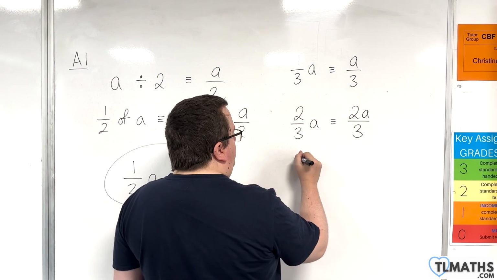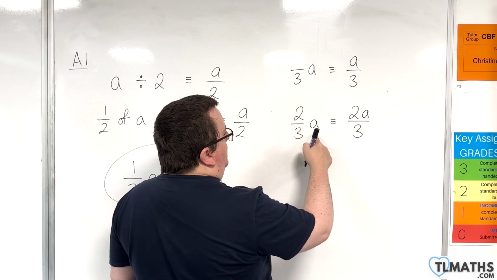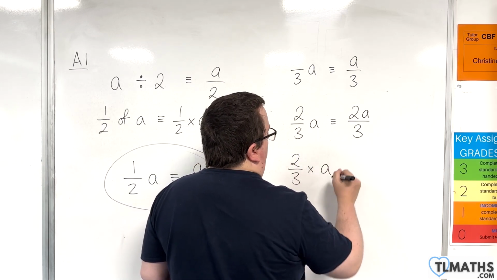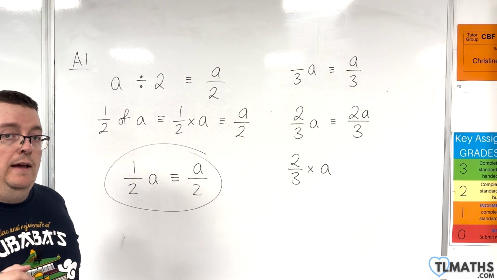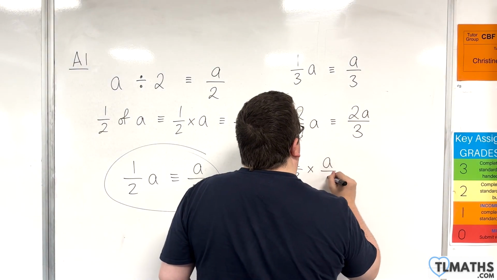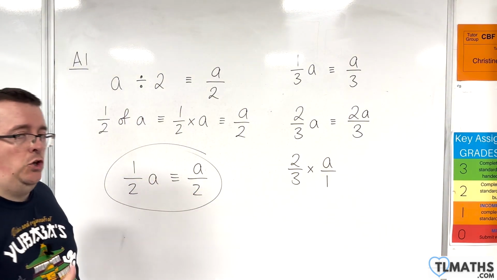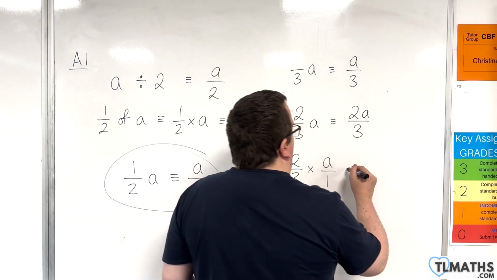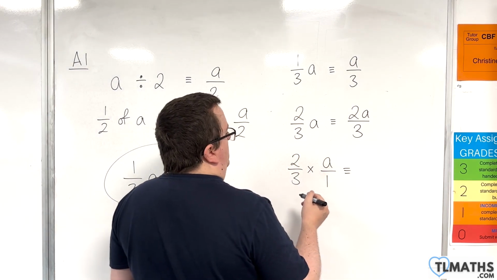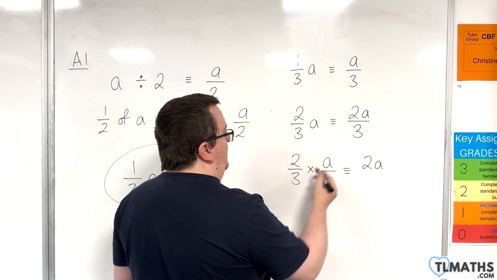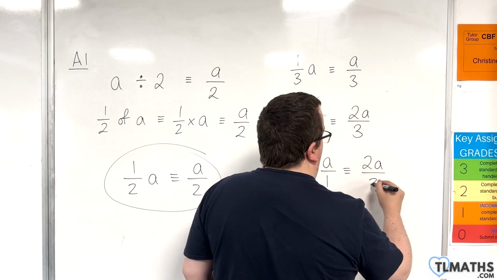Well, remember, 2/3 A is the same thing as this. And A is the same as A over 1, in exactly the same way as I had 2 over 1 is the same as 2 a moment ago. Now, when you multiply fractions together, that's 2A, 2 times A the numerator, 3 times 1 the denominator.